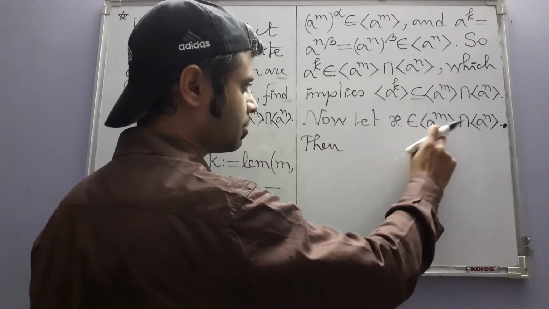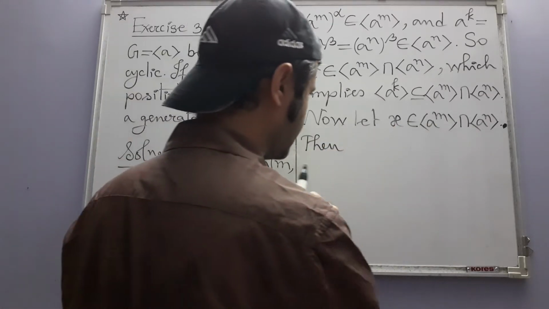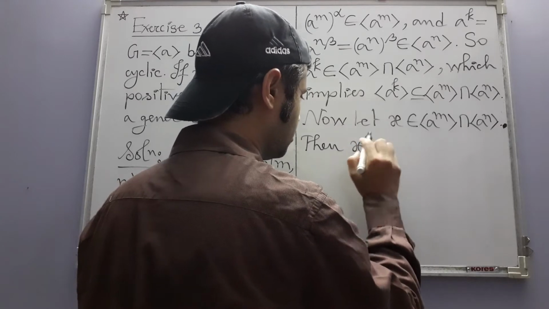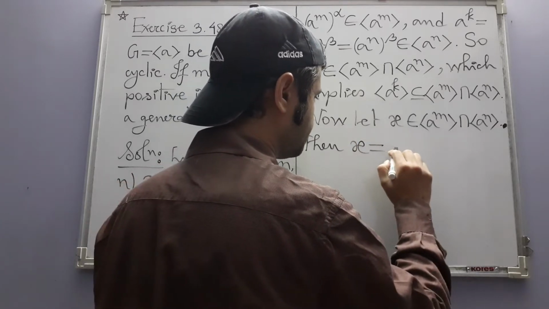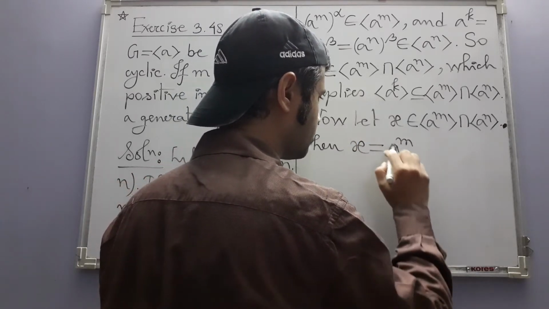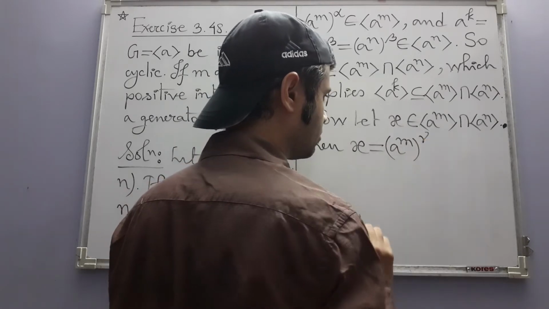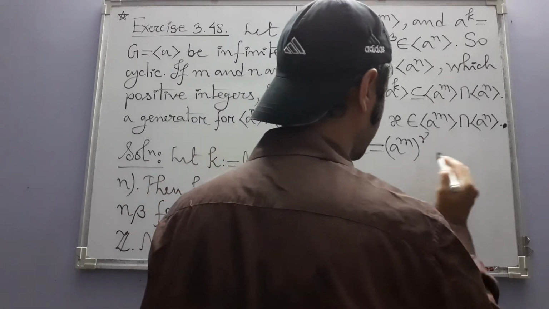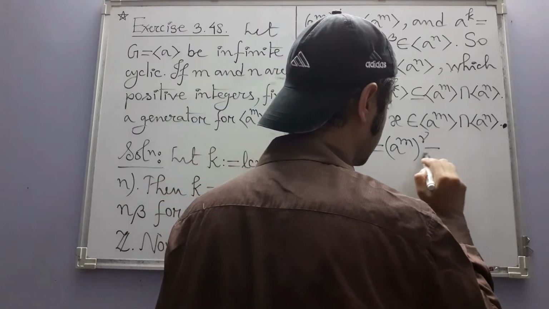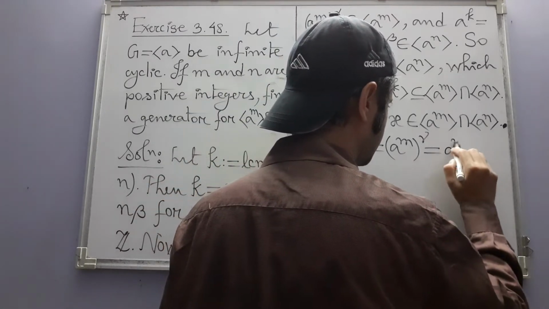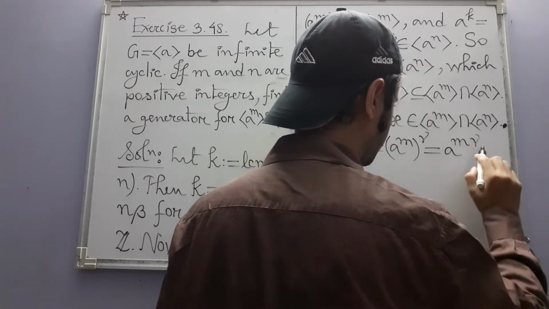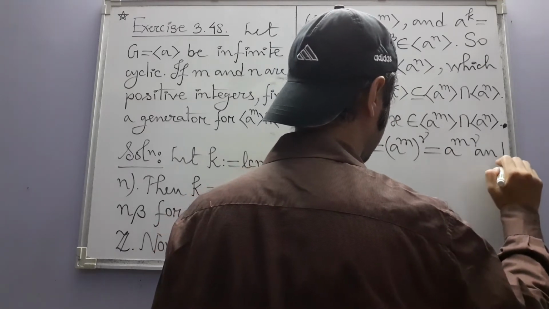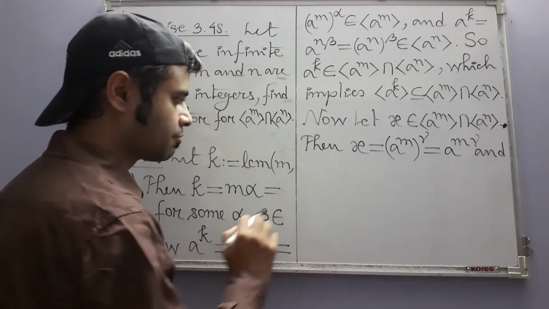Then of course x belongs to both the sets, and that is why x will be equal to this, a to the power m whole to the power gamma for some integer gamma, which is a to the power m gamma, and again by one of the rules of exponents.